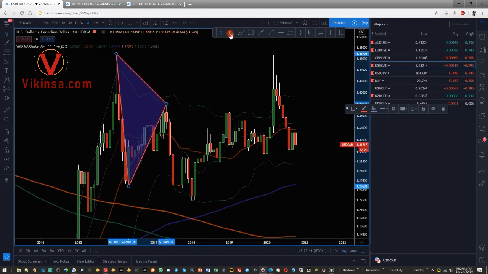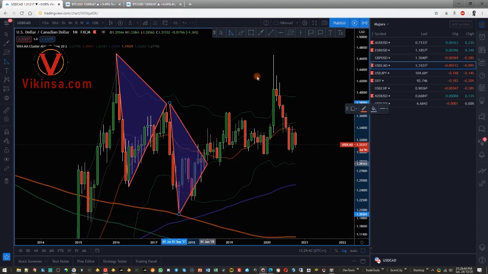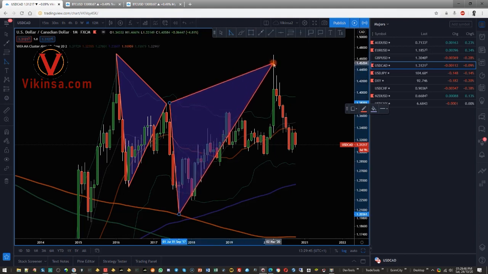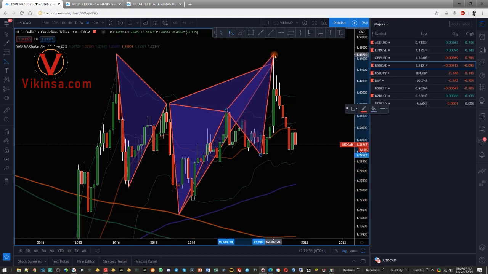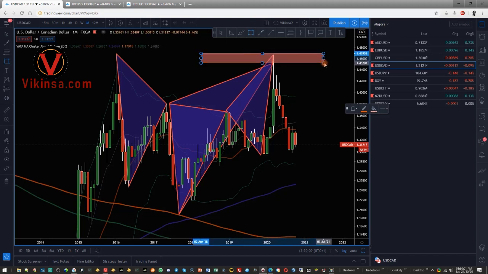So this is a W pattern which actually completed around here. Okay, and there is another W pattern which starts from here, goes to this level, and then it forms like this. Okay, and that's why it started to fall from that level.